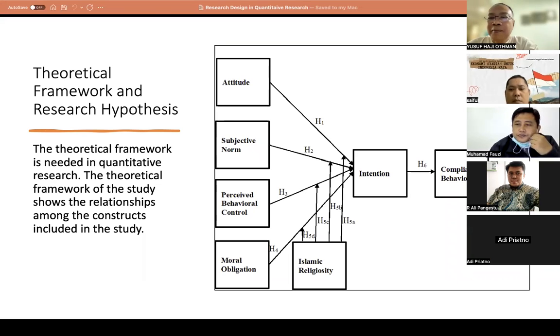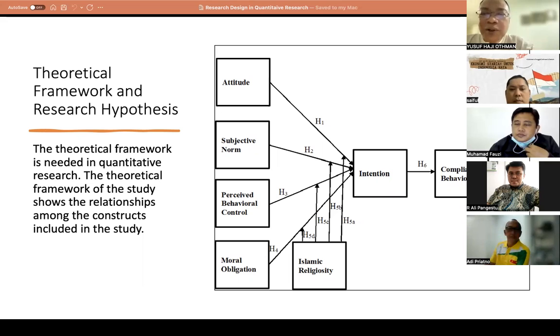Thank you, Prof. Yeah, for economic theory, usually when we construct the framework, we do the data usually involves a secondary data, right? To construct the theoretical framework is also based on two things: the theory and expectation. Yeah?